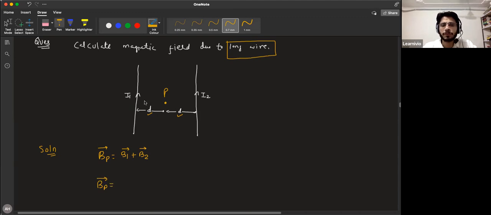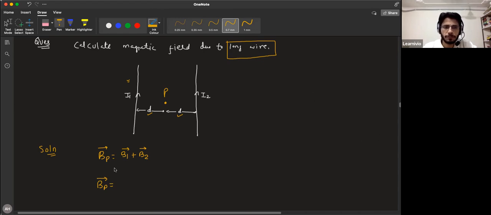Noha, what will be the expression of the magnetic field at point P due to wire I1? Just the expression I'm asking. It's a long wire, Noha. Noha is not in class.